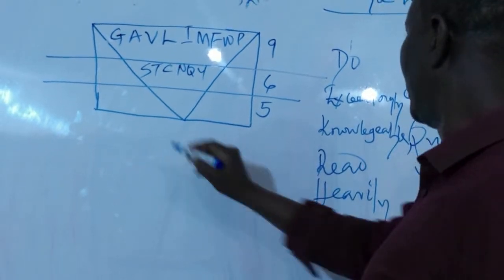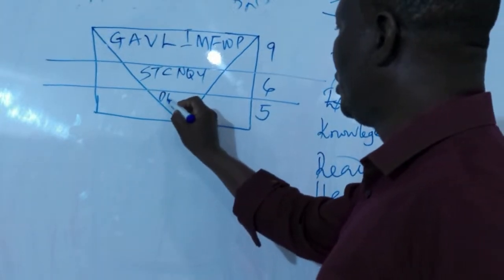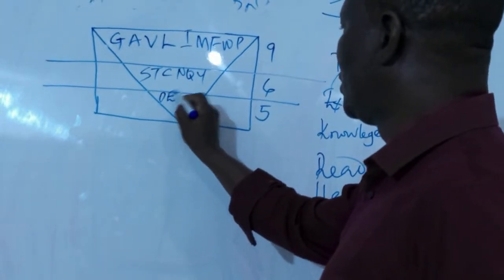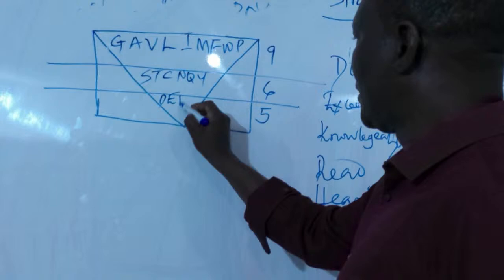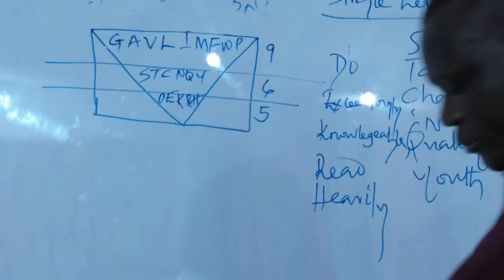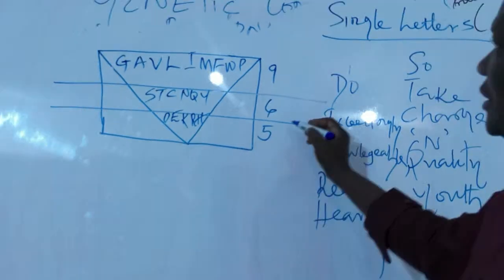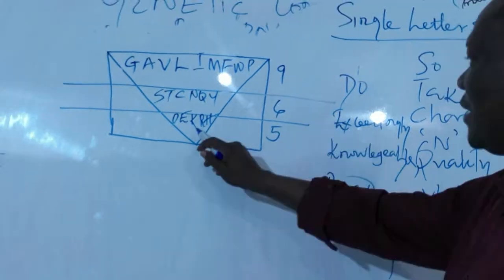That is going to be D, E, K, R, H. So that is for 5 here.